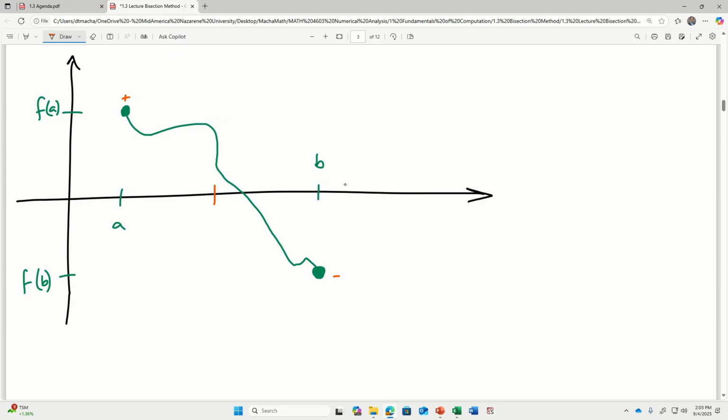And then I would say, now I'm going to scoot up my lower bound because I know that this point along my function is also positive. And so the 0 has to exist somewhere between the positive and the negative value. And then I would bisect my interval again here, test out what value the function has. I find out that my function value is negative.